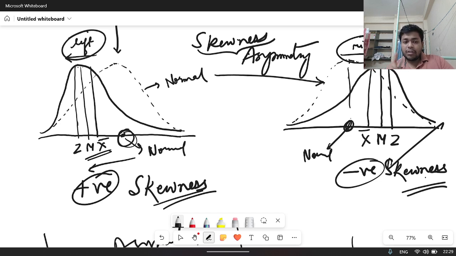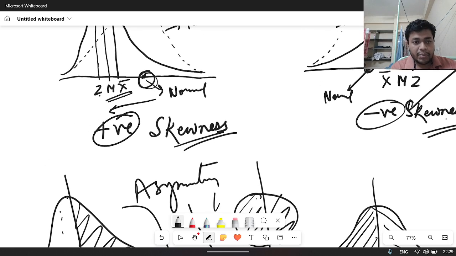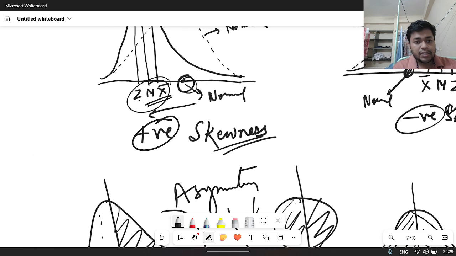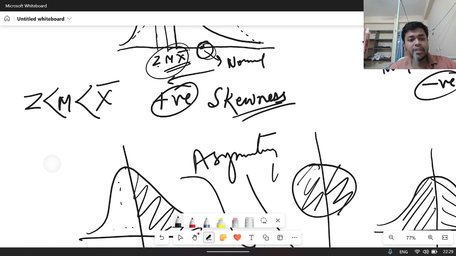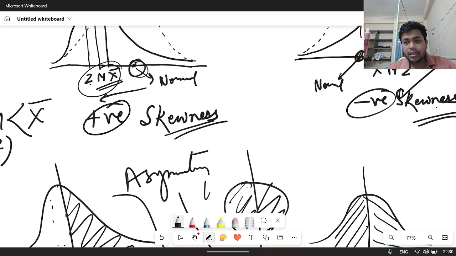One last point you need to remember is the relation among the central tendencies in positive skewness: the mode will be the lowest, then median, then mean. Remember it in this way. This is in case of positive skewness, and in case of negative skewness, it is mean, then median, then mode.